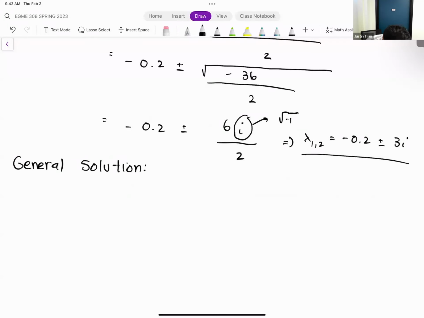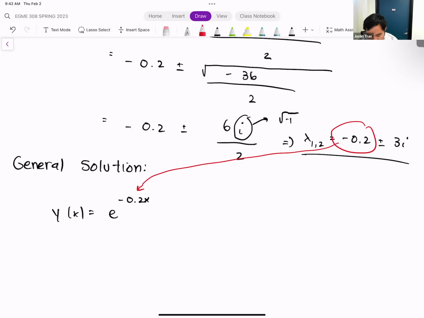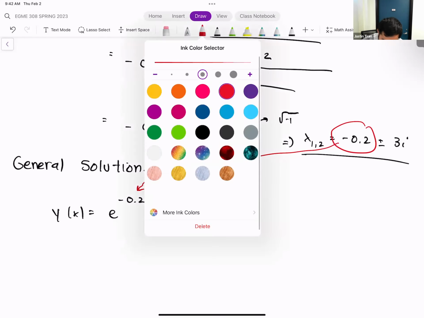The real part here is -0.2. And so our y of x is equal to e to the minus 0.2x. So this real part right here, minus 0.2, is the coefficient for the exponential term up there.